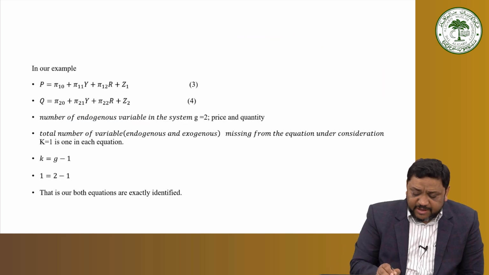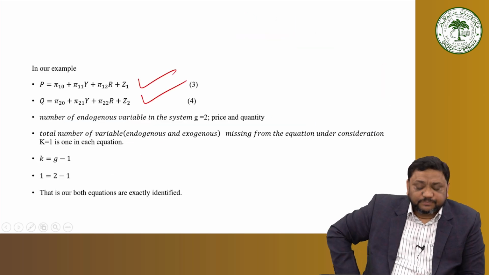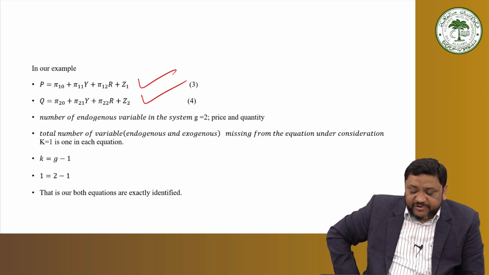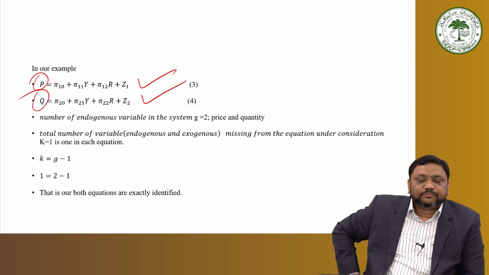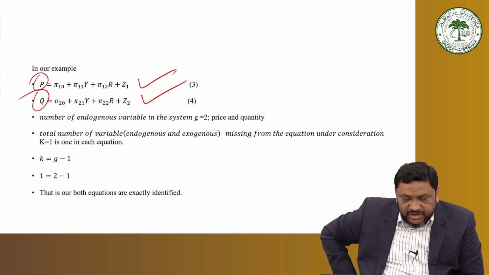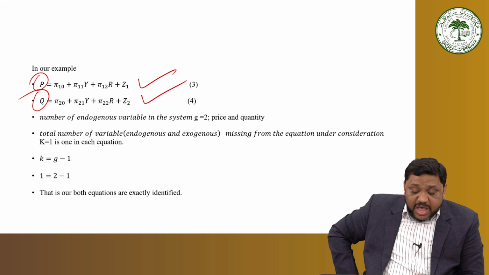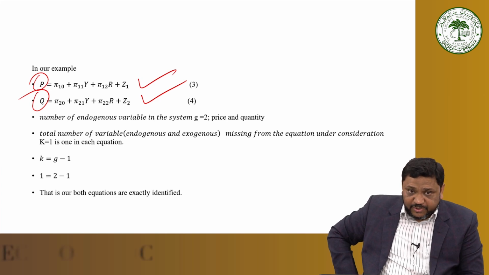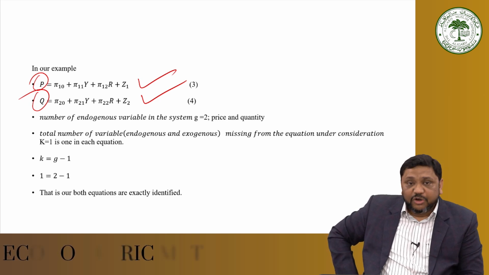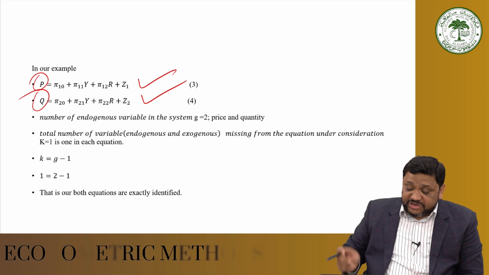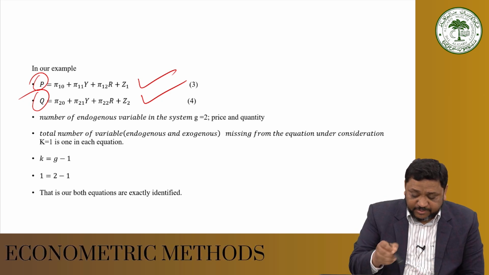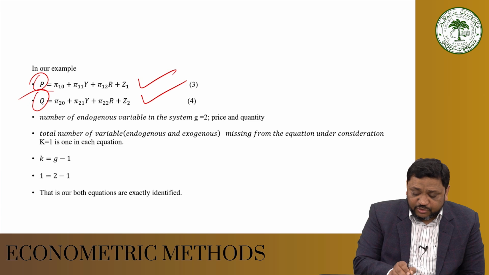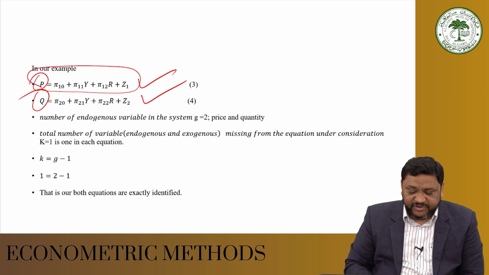Now, in our example, we have got these two equations. Let us see the number of endogenous variables in the system, G. What are the endogenous variables? P and Q. The endogenous variables are P and Q. And the total number of variables, both endogenous and exogenous, missing from the equation under consideration: suppose we want to do identification of this equation.